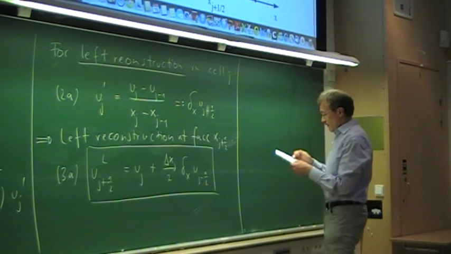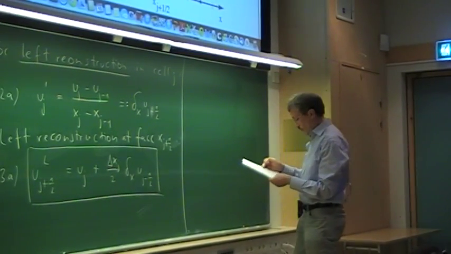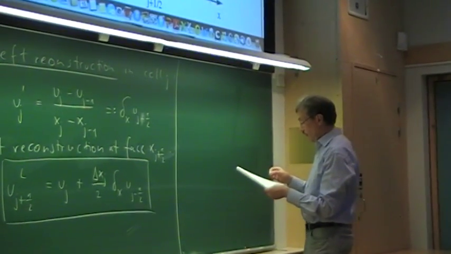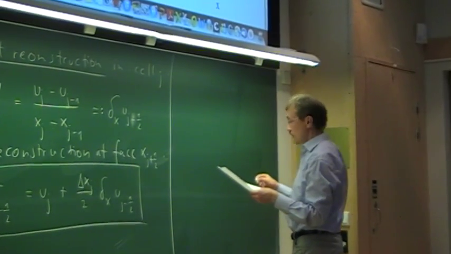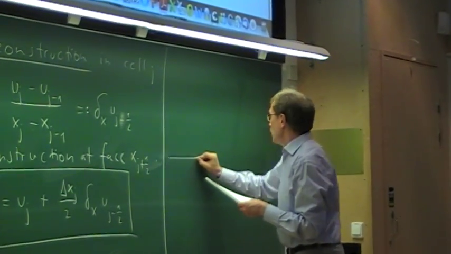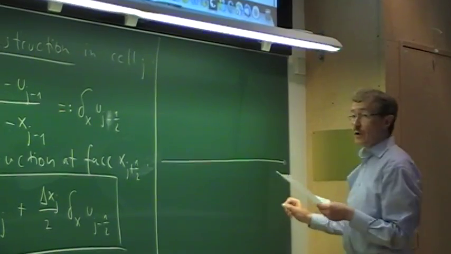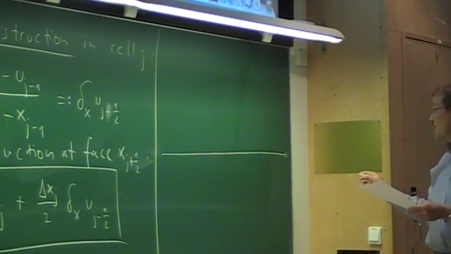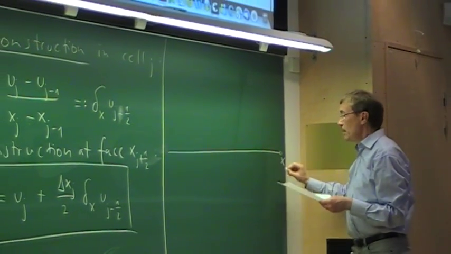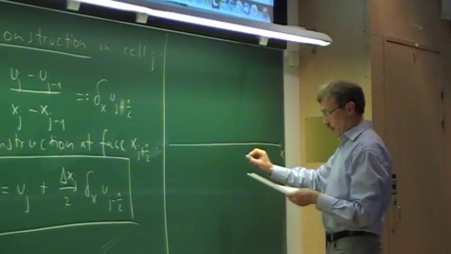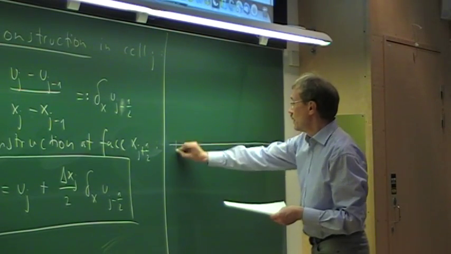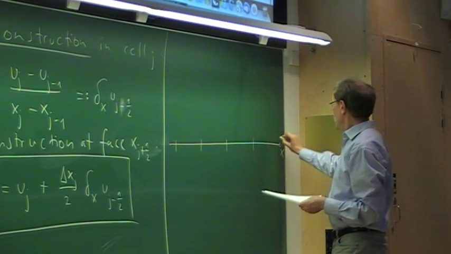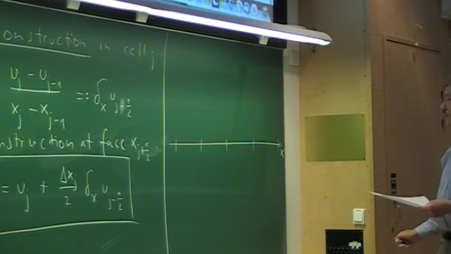So that gives us the following. Maybe we can write the figure now to complete this. We now extend the figure to also include the cells j plus 1 and even j plus 2. So we have x here. Let's see, we need 4 at least: 1, 2, 3. Like that.